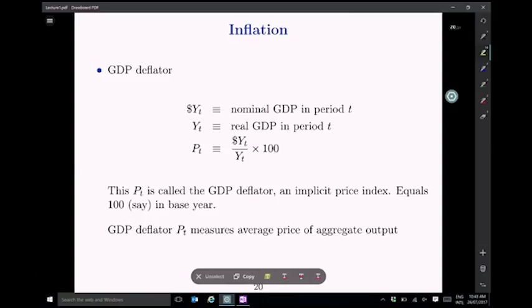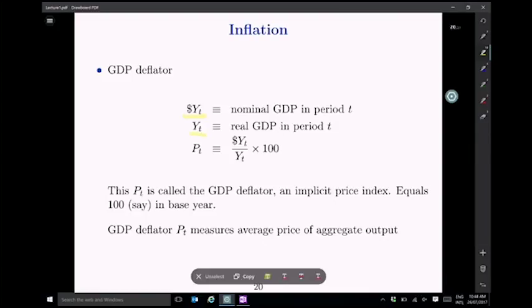The GDP deflator is defined as the following. You have a nominal GDP where you use quantities times current price and add up all the goods in a time period T. And also you can choose a base year and calculate real GDP in time period T. Now, the GDP deflator is defined as nominal GDP over real GDP times 100.